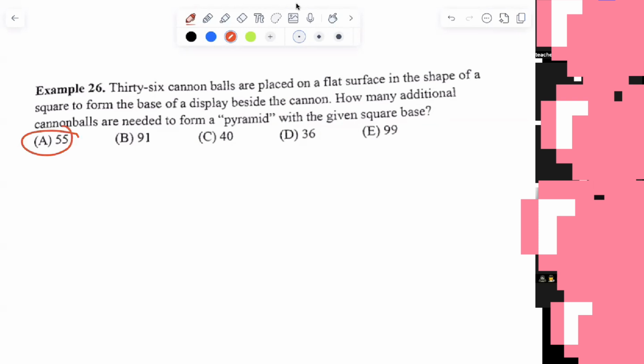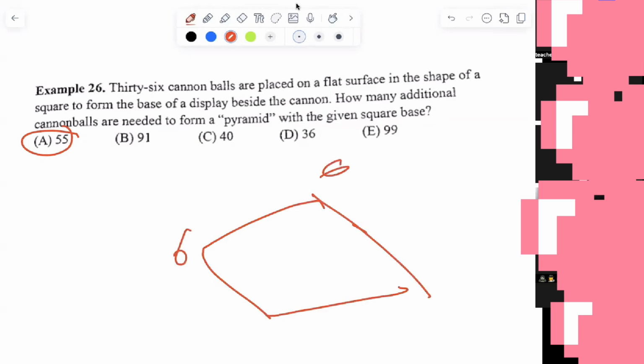Okay, so how do we solve this? So basically, the base is containing a 6 by 6, basically 6 by 6 circle. Oops, sorry. I'm sorry.